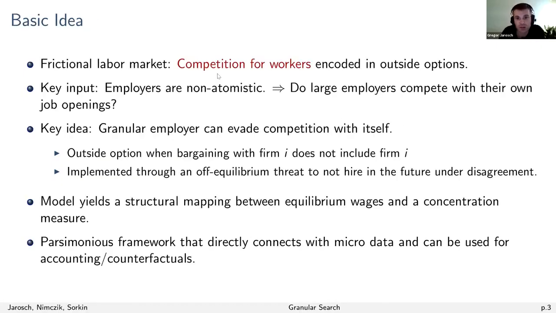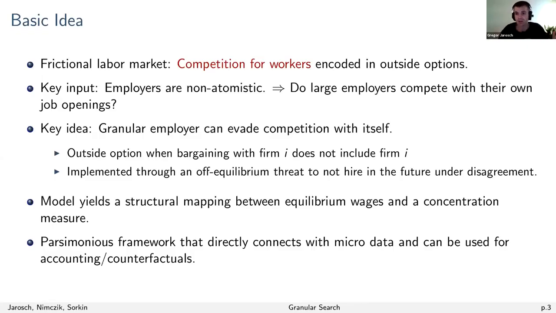All right, so here's how we go about this. We'll be working in a frictional labor market. The point of departure is the observation that the extent of competition for workers gets encoded in outside options in a frictional setting.